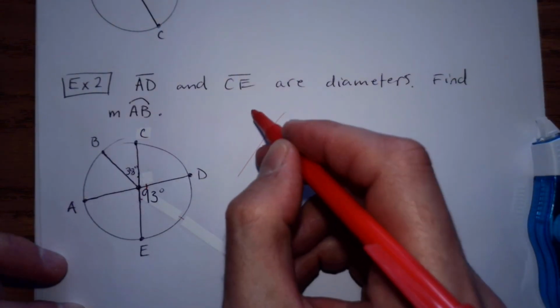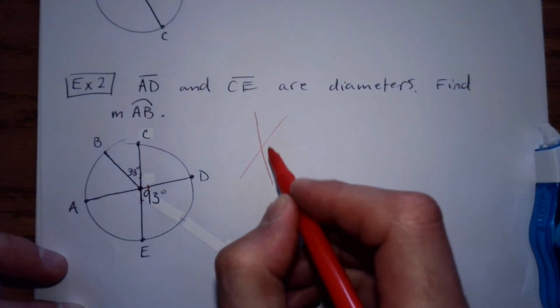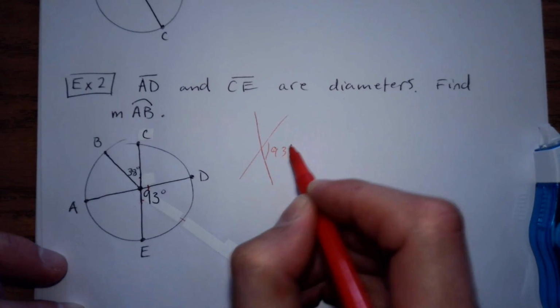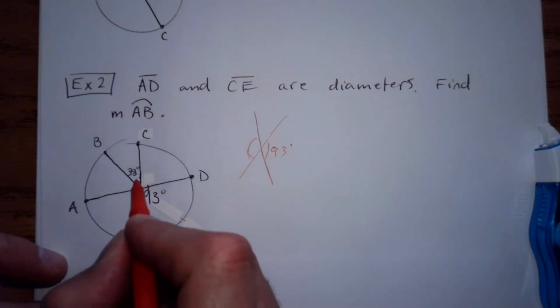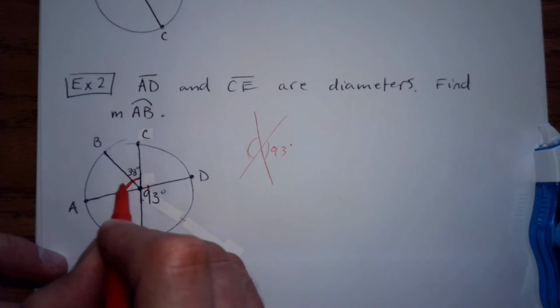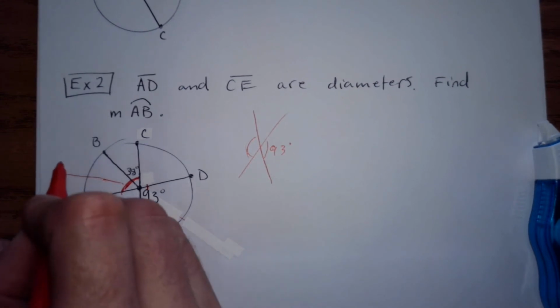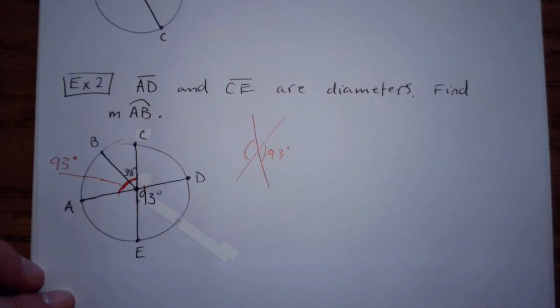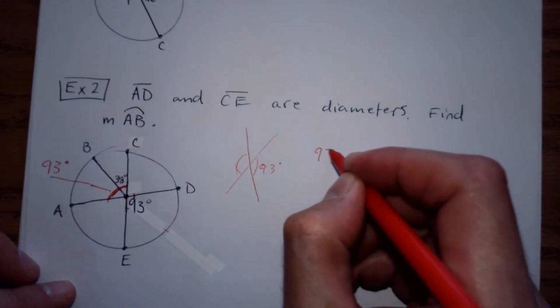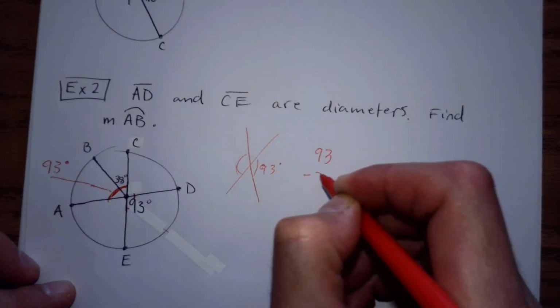Okay, so now try it. Sorry. With this new information, because you couldn't do it without, I know that this is a straight line or segment, and this is a straight segment, right? That creates vertical angles, where this is 93. That means this also has to be 93. Do we see that? If this is 93, that means this is also 93. And then we can go 93 minus 38.